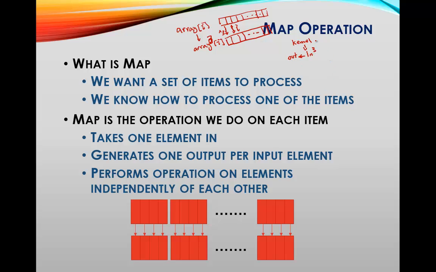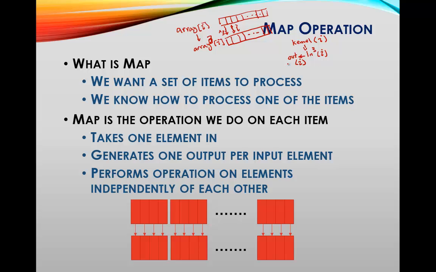Then what I did is that I said, well, let's run the ith kernel on the ith element of input and have it write in the ith element of output. And that's how I parallelized my problem. This is a very simple operation, and it is called a map. We have a set of items to process, and we know how to process one of those items at a time.